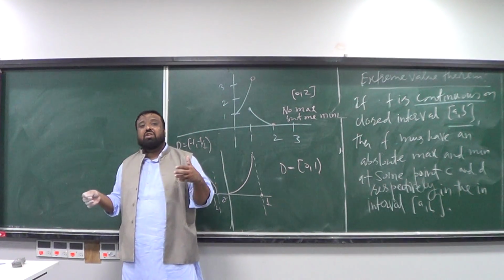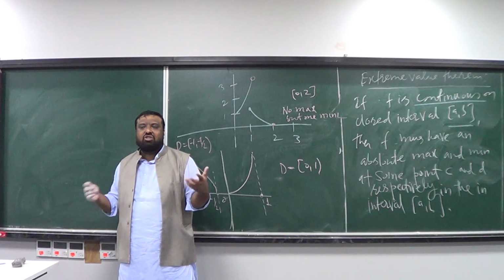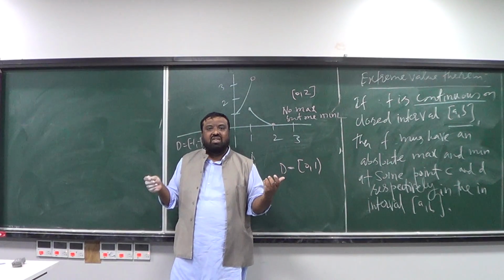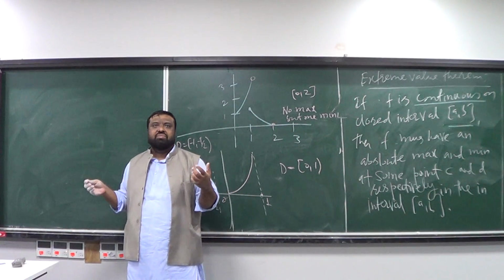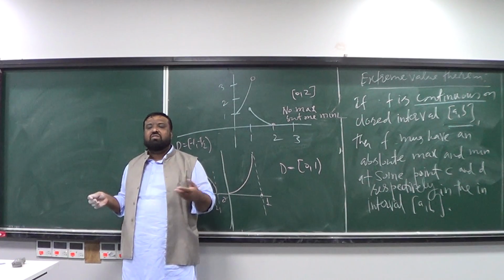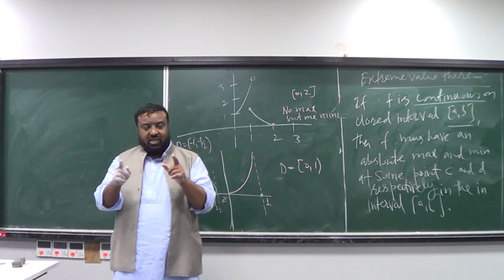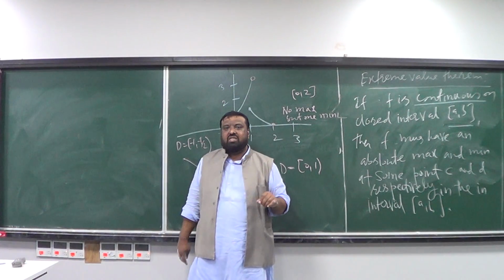And if your function is not continuous, then it's not necessary that it should have a maximum or minimum, or maybe it doesn't have anything. Or if your function is continuous but not defined on a closed interval, still that function is not going to have both maximum and minimum. So this is the summary of the discussion.